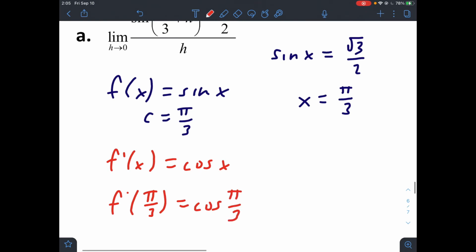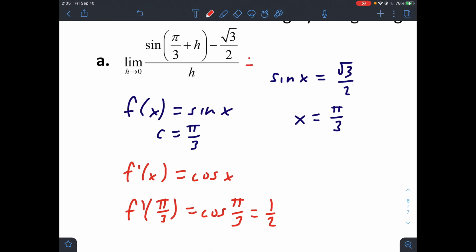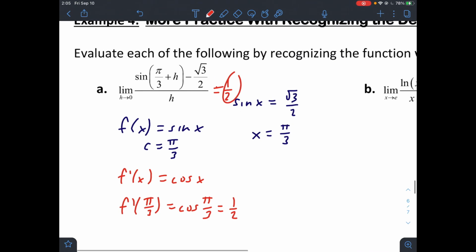And the cosine of pi over 3, if you don't recall, remember pi over 3 is a 60-degree angle. So the cosine of that would be 1/2. Okay, so our original limit is equal to 1/2. And now we could write a tangent line if we wanted to, or a normal line if we wanted to. But we don't need to, we just want to know what that limit was, and the answer is 1/2.